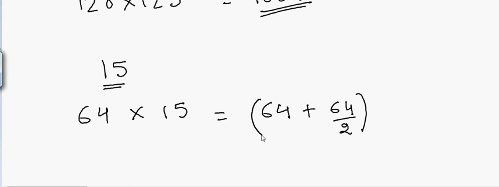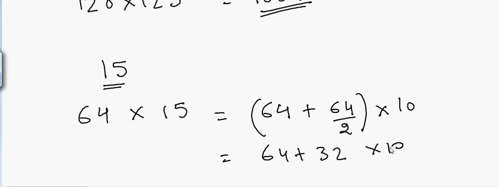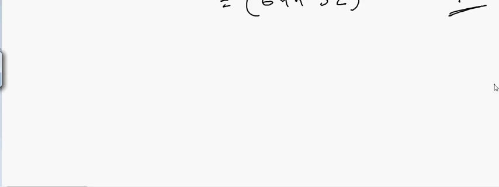So that will be equal to 64 plus 32, into 10, and that's equal to 960. Let's do it quickly. Suppose I have 44 and want to multiply by 15. Half of 44 is 22, so 44 plus 22 will be equal to 66, and then a 0, so that will be 660.